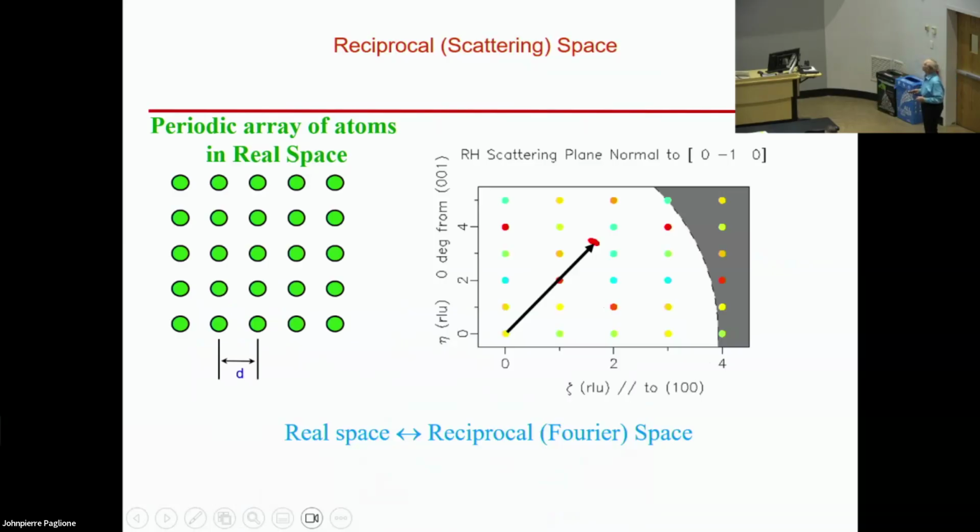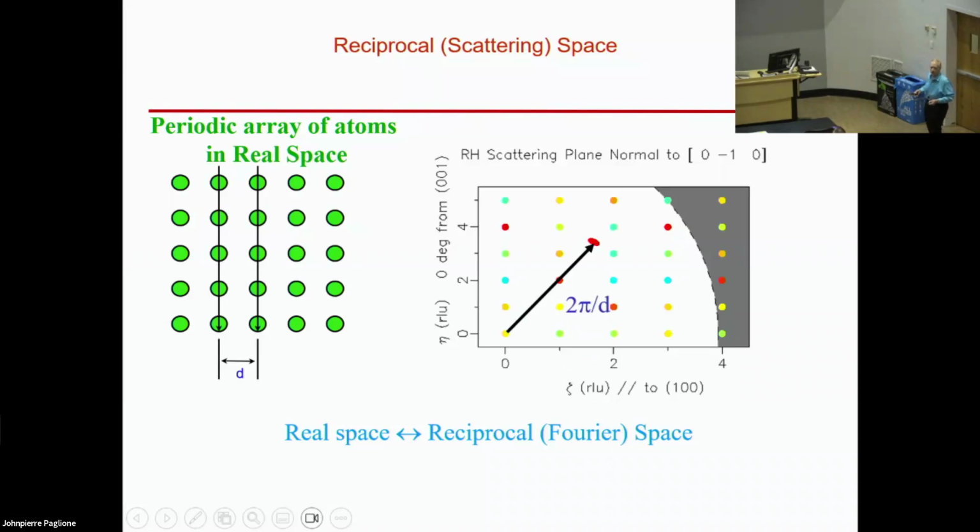You take that d value, you take a plane of atoms, and you imagine that you have one wavelength of momentum transfer between those two, and that gives you one peak here. If you have two wavelengths going through there, up and down, then that's the 200.